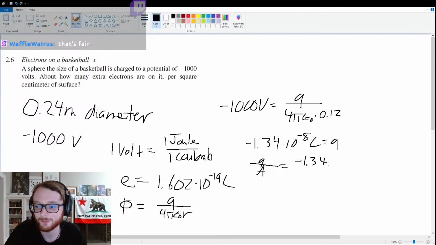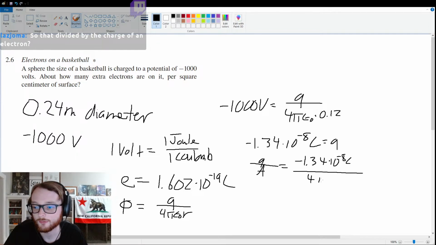This number doesn't seem unreasonable to me though, because coulombs are kind of ginormous. That's not a decimal, that's supposed to be multiplication. And the area is 4 pi times r squared, 0.12 squared. I wonder if this would have just divided out that 4 pi anyway. Oh, yeah, I should do the conversion.